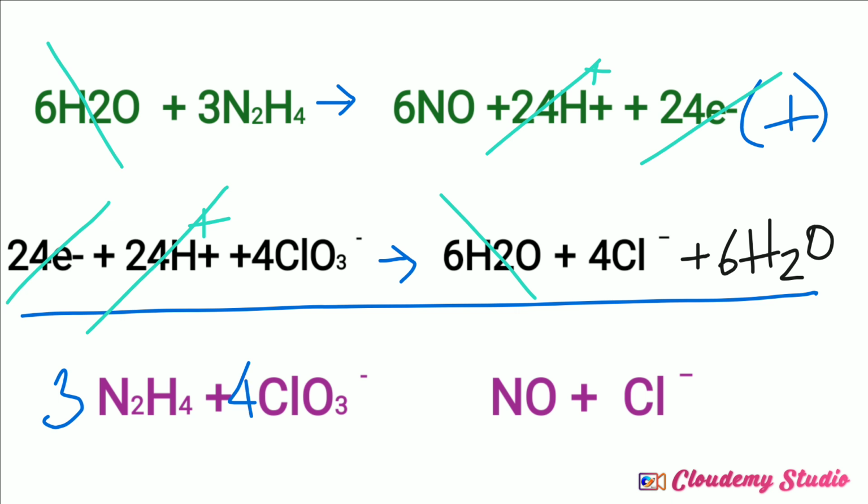On the right hand side, the species left out are 6 molecules of nitric oxide, 6NO, then 4Cl minus and 6 molecules of water.